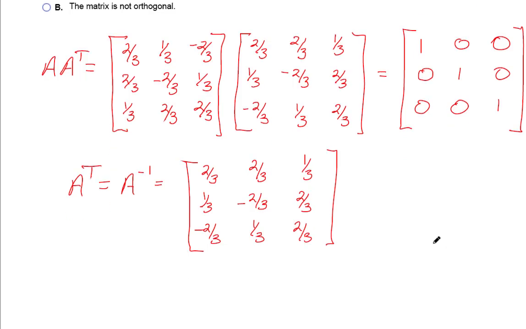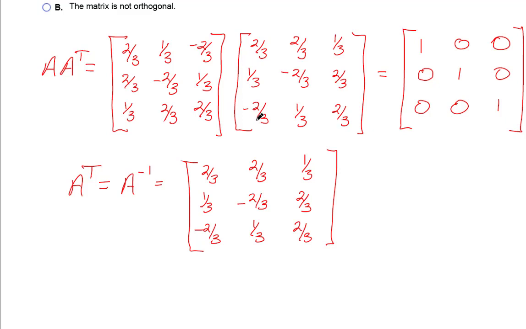So let's see. Here's A, easy to form A transpose. Now multiply it together. So I would get a 4/9, a 1/9, and a 4/9.